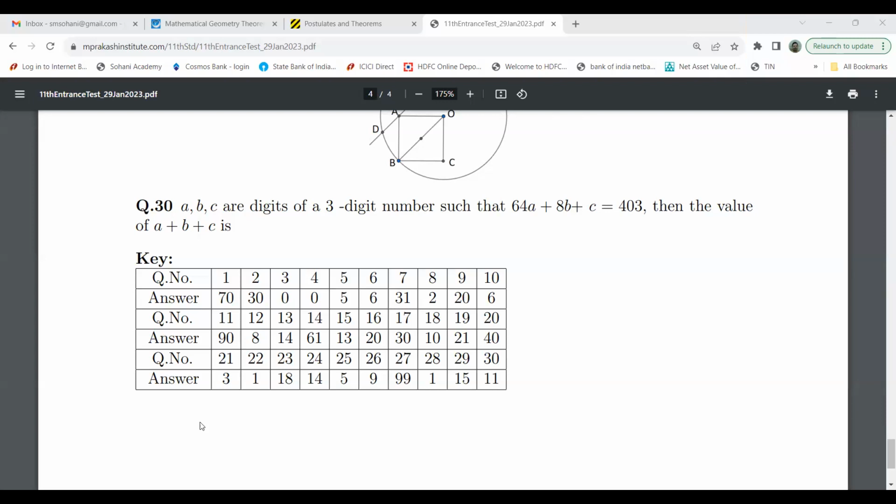Sir, let's say if the answer of A into B into C, the number, was given, then in that 100A plus 10B plus C, there also you could use, for example, mod 10. Suppose this number is given, then you can apply mod 10 on this.